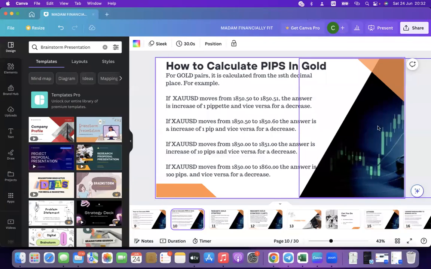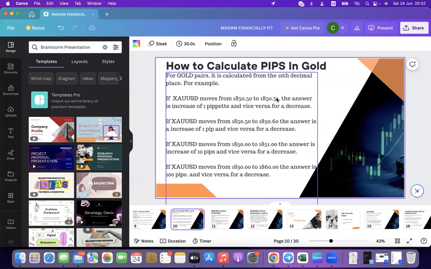So gold pips are calculated from the first decimal place. If gold moves from 1850.50 to 1850.51, the answer is an increase of 1 pipette. Why? Because this is the second decimal place.